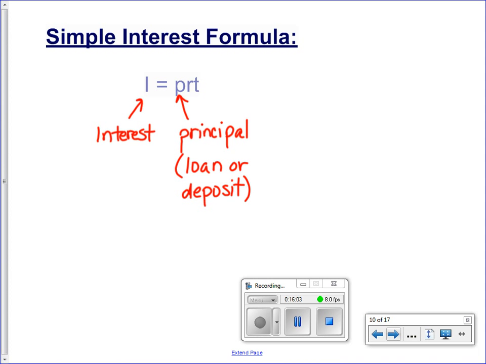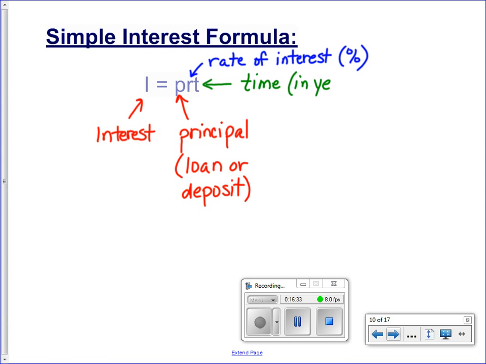R, the rate, is the rate of interest. The rate of interest is always given as a percent, which we have to change to a decimal in our formula. And the T right here is for our time, and that is always in years. So if it's only part of a year, we would have a fraction or a decimal representing that part of the year.